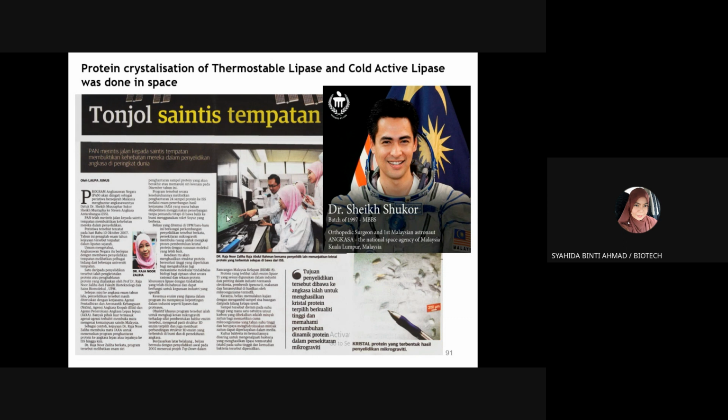So this team, Professor Dr. Rajan Nuzaliha, came up with a simple method which he will do in space. The samples brought up to space are thermostable lipase and cold active lipase, which they isolated from bacteria. Cold active ones are isolated from Antarctica. Thermolipase, I'm not really sure where, but it's a lipase enzyme that is thermostable, that can be commercialized.